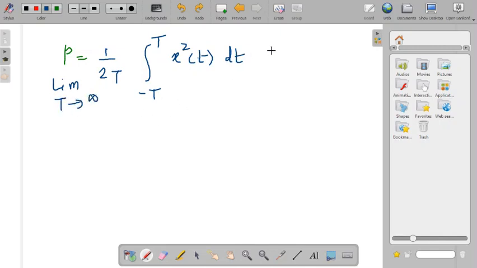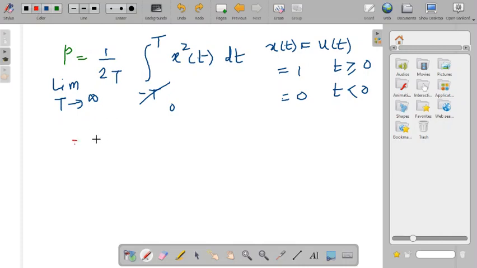So again x of t is equal to u of t, because we are continuing the same example, and u of t is equal to 1 for t greater than or equal to 0, and it is 0 for t less than 0. Therefore x square t is 1, and limits of integration are changing from 0 to t. So we are putting limit t tending to infinity 1 by 2t integral from 0 to t 1 square dt.